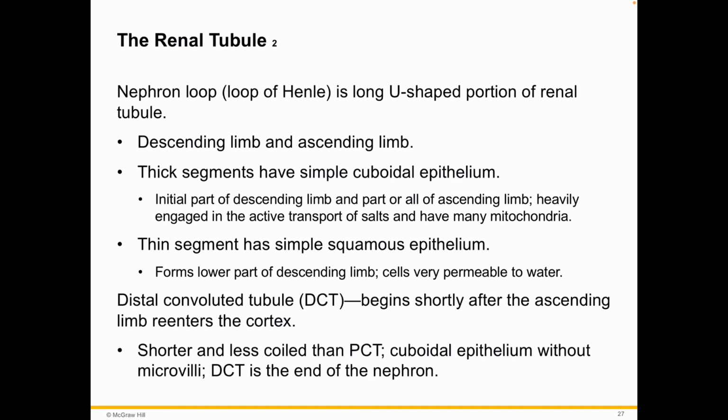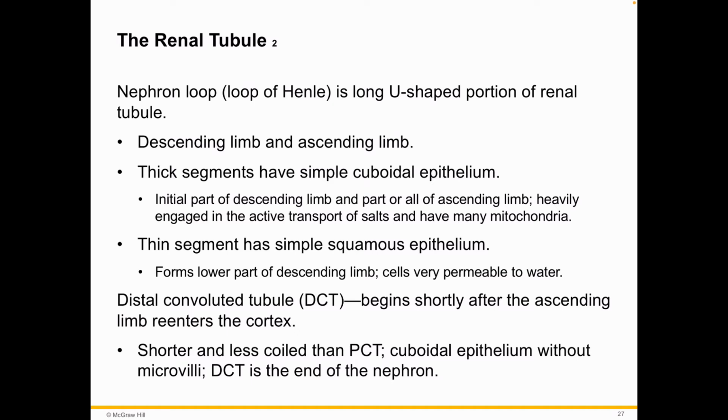We have to have a lot of mitochondria to help run those pumps with ATP. We also have a thinner segment that has a simple squamous epithelium. This one's going to be more about using osmosis to manage the water content of the filtrate. And then finally, the final component is going to be the distal convoluted tubule, or the DCT.